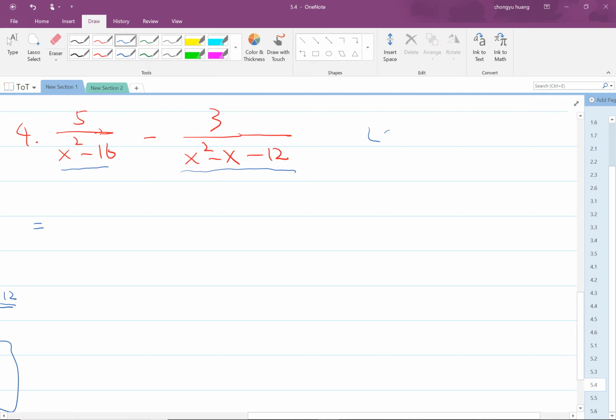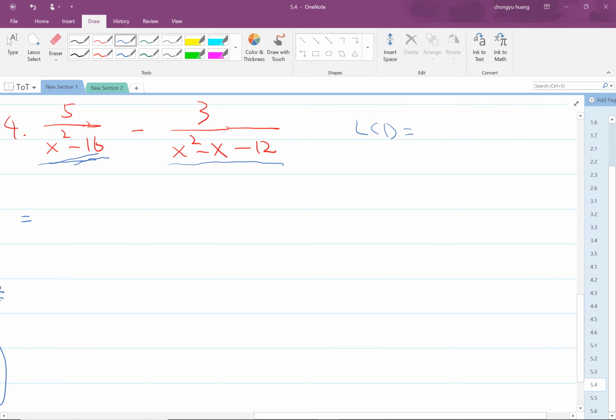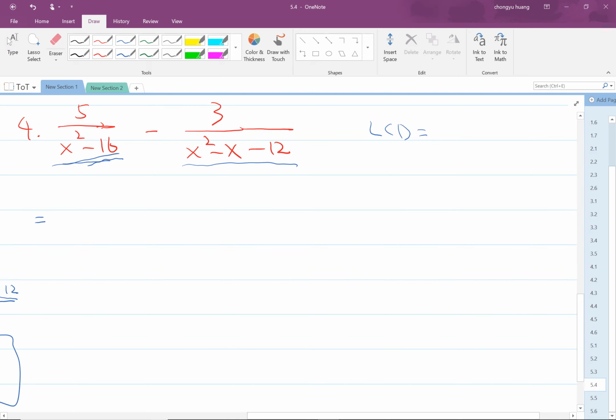You have to find the least common denominator, but you can also see that the term x squared minus 16 is not in its simplest form, right? So it makes it harder to find the least common denominator. And this term, x squared minus x minus 12, is also not the simplest term.